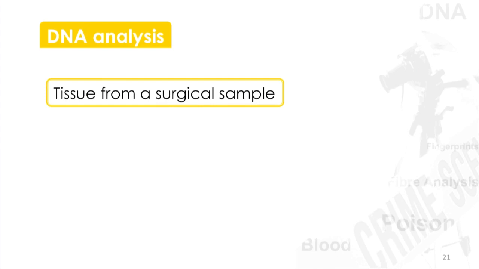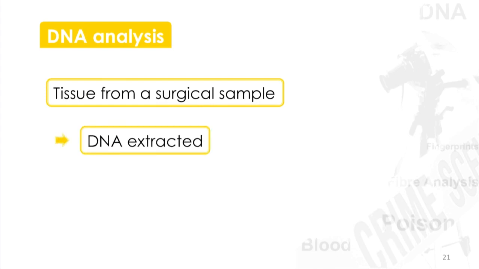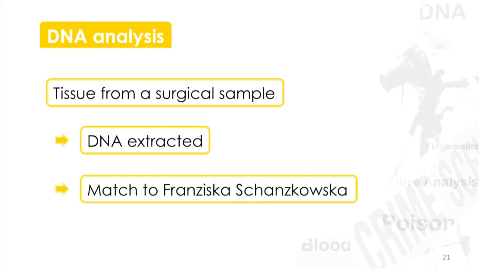So it was possible to extract DNA from that biopsy sample, and it proved that she was not the Grand Duchess Anastasia. She was actually a Polish lady called Franziska. Even so, even with the DNA evidence, that doesn't stop movie companies making a movie about it.